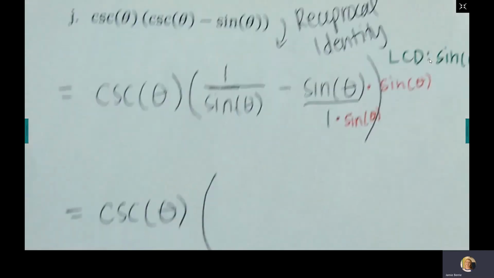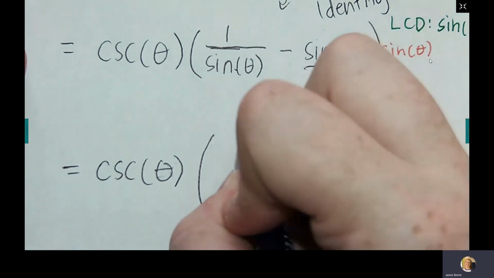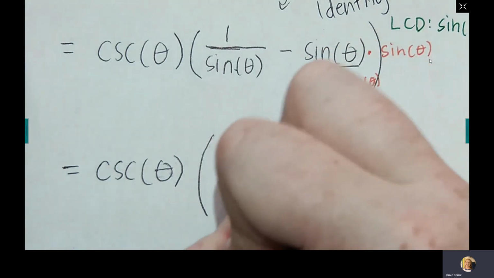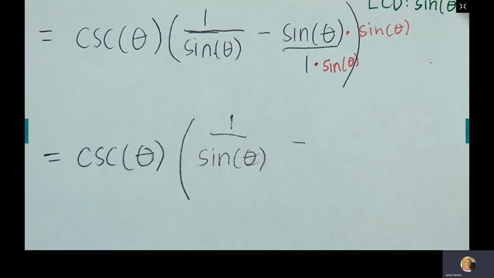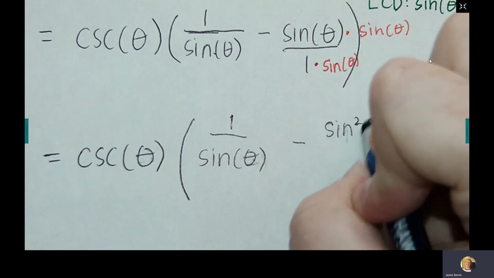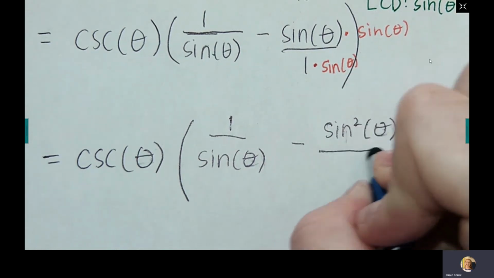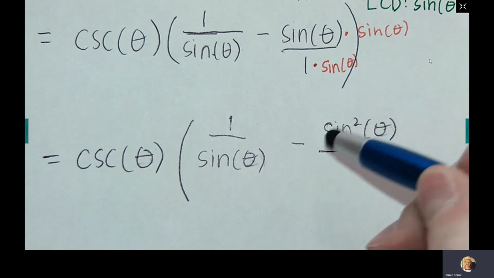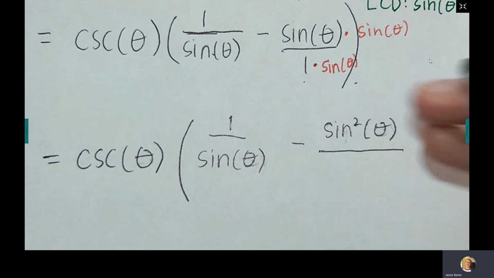Big parentheses. All right, I'm going to add in this extra step where I'm going to just write out my two terms with the common denominator. Sine times sine is sine squared. So I'm seeing this and I'm already kind of thinking, okay, we might be headed somewhere where we need to use a Pythagorean identity. 1 times sine is just sine.